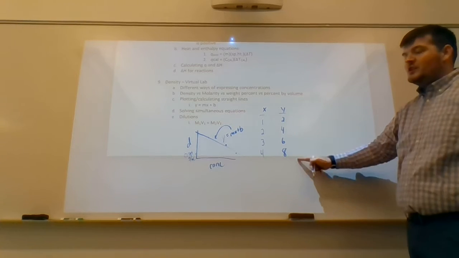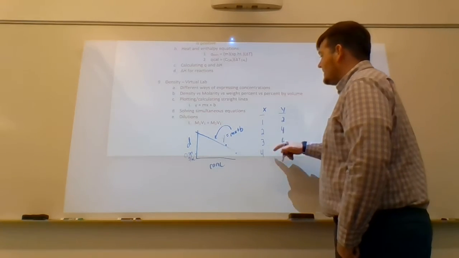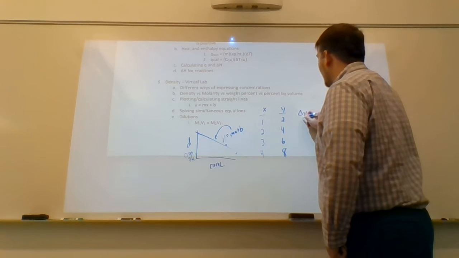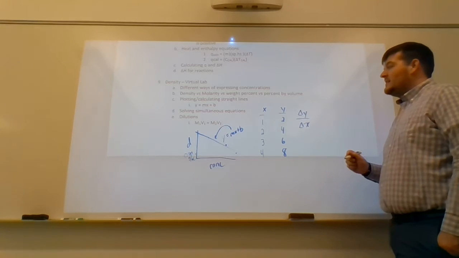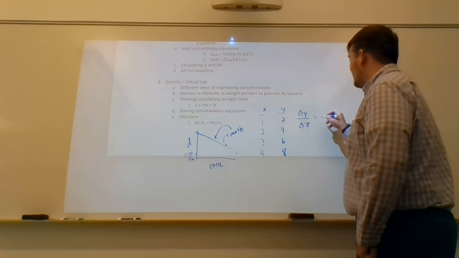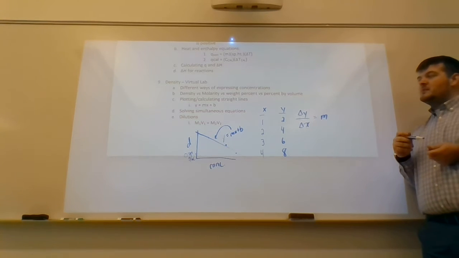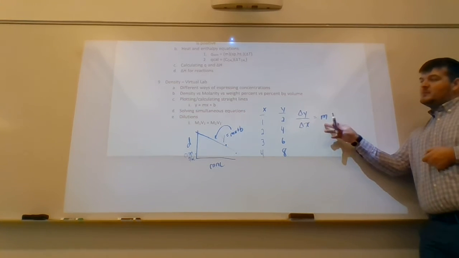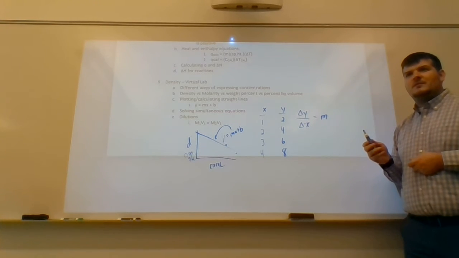Could you give me an equation of a line from this information? Remember, this is the change in y over the change in x. That will give us the value of m. And then for b, we just plug whatever the value of m is, take one of these points and plug it back in and solve for b. Do you remember doing this in algebra?